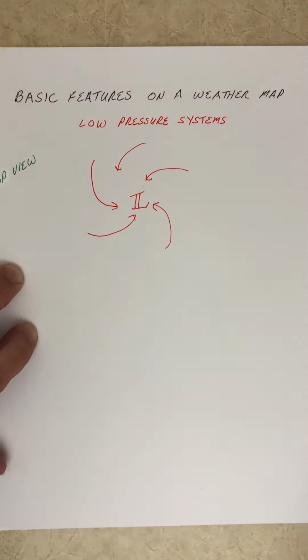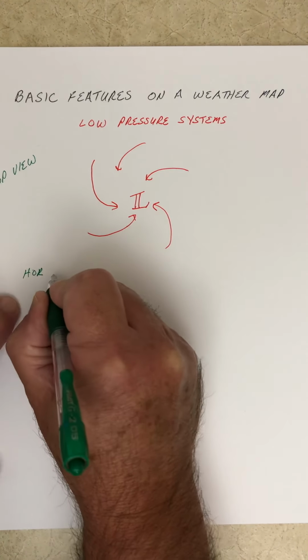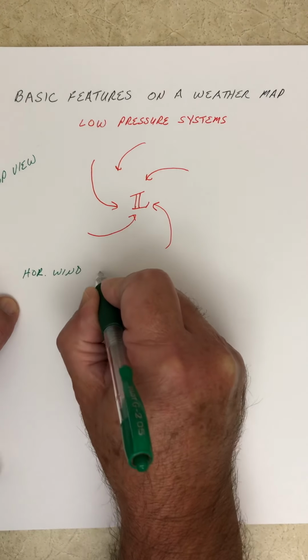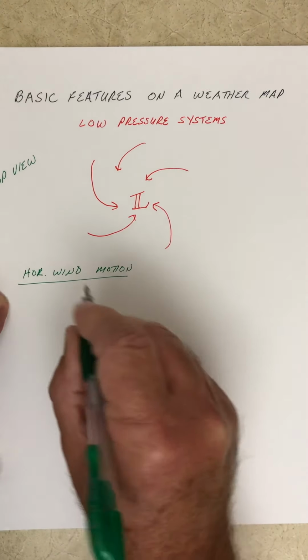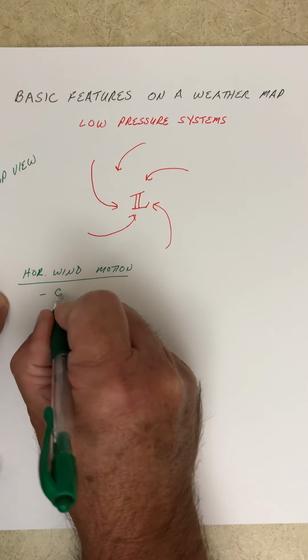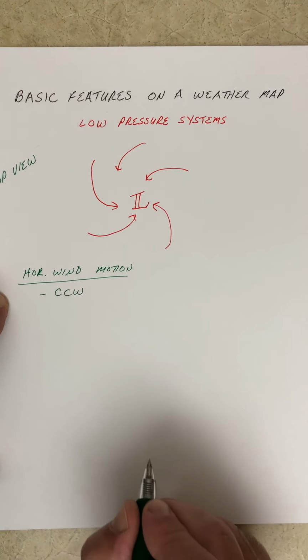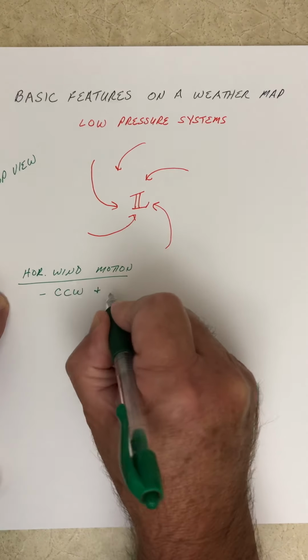So the wind is flowing similar to this. Let's just write down that the horizontal wind motion is counterclockwise, and please, I apologize for my abbreviations, CCW, counterclockwise and inward.